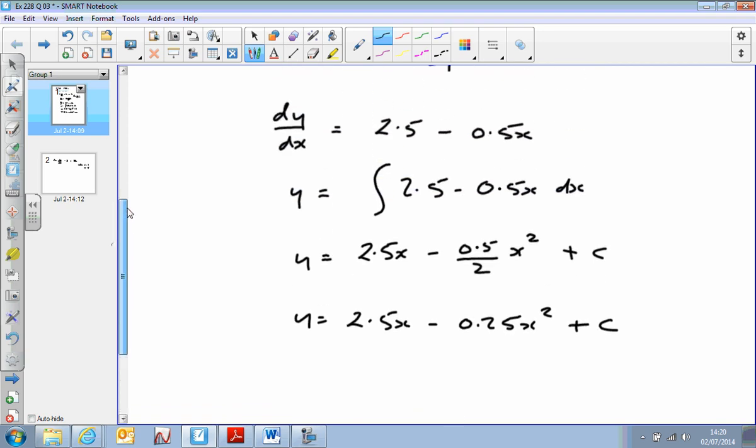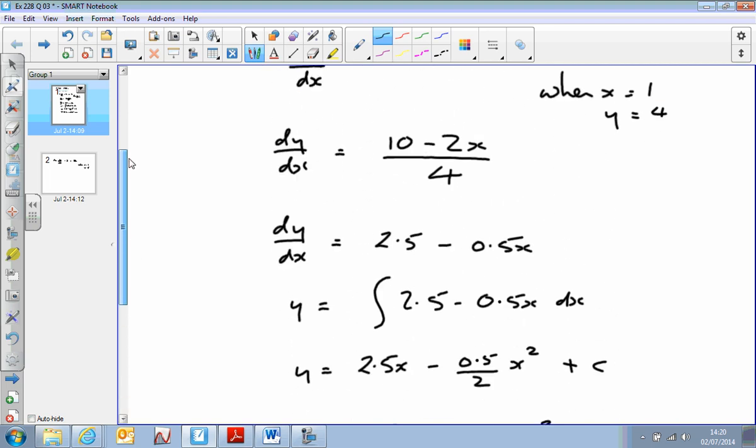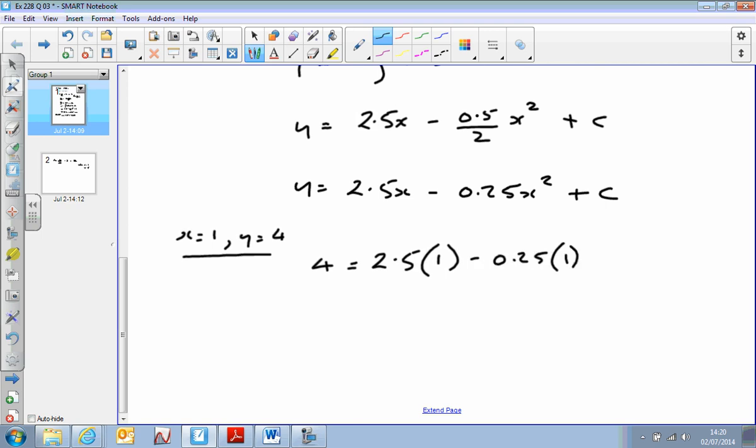To find c, I can put in these values. I know that when x equals 1, y equals 4. So putting those values in, y equals 4, 2.5 times x, which is 1, minus 0.25 times x squared plus c.